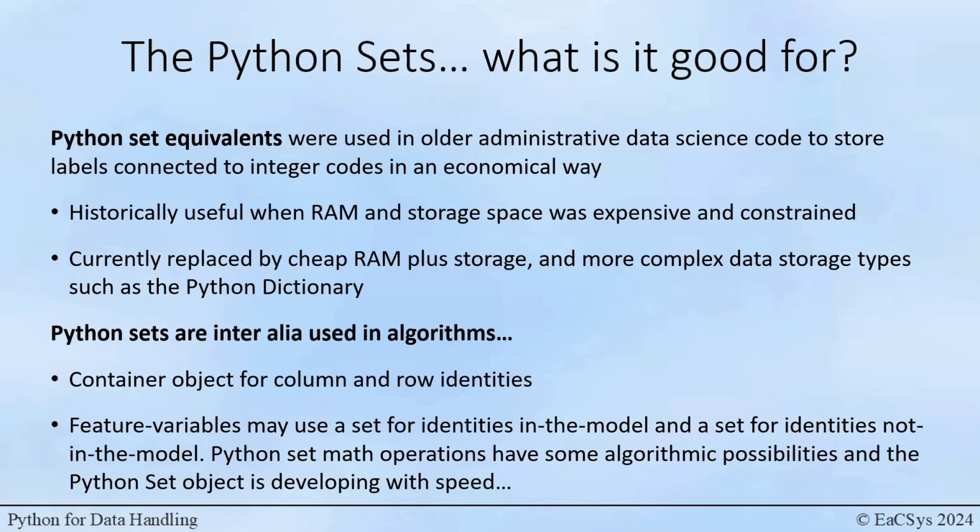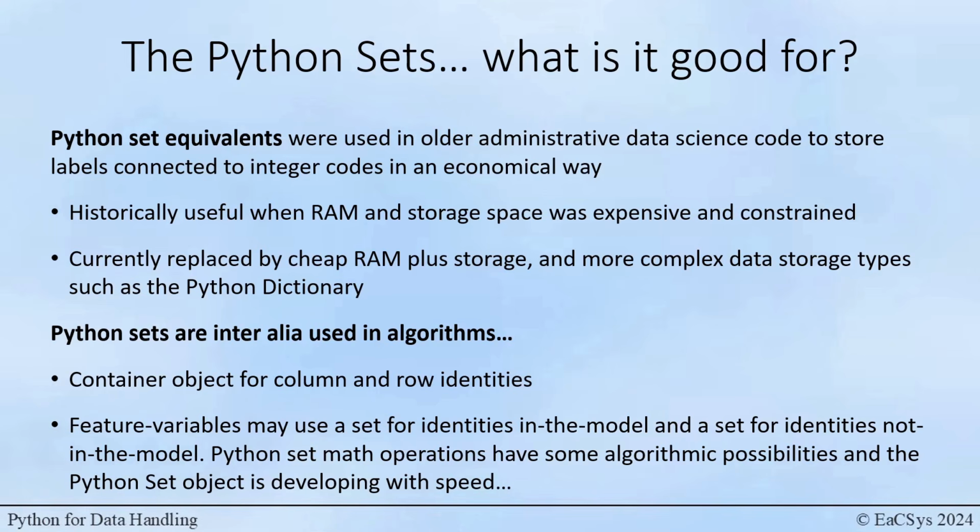This made constructions similar to Python sets very useful in the early era of computing, when RAM memory and storage space were expensive and very constrained, whereas current application storage space often, but not always, grows faster than the need for storage space, for example in cloud computing.